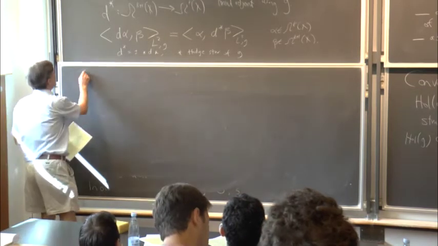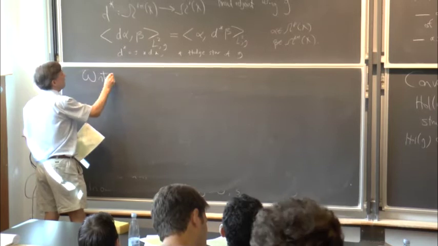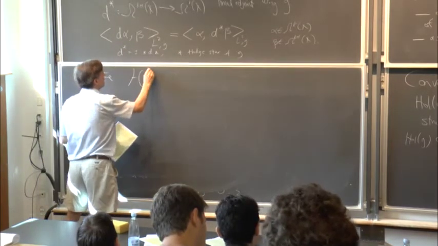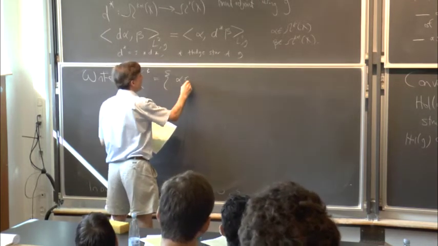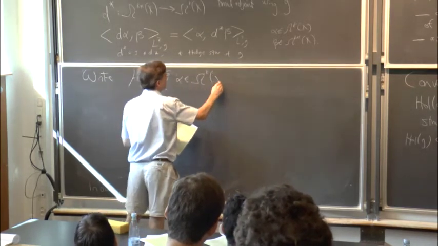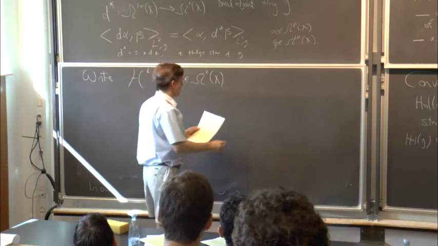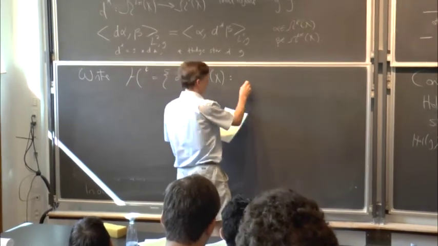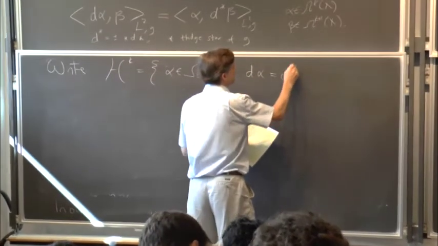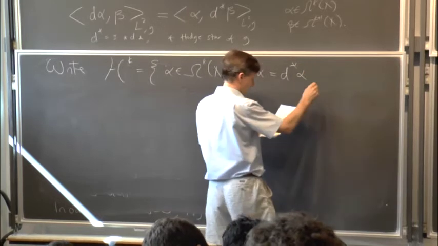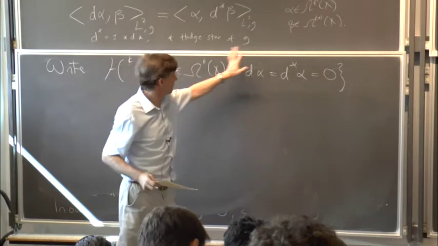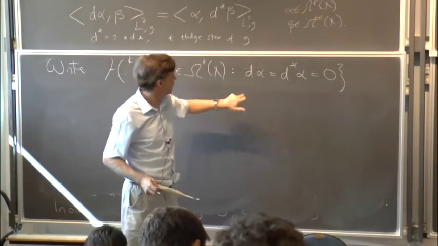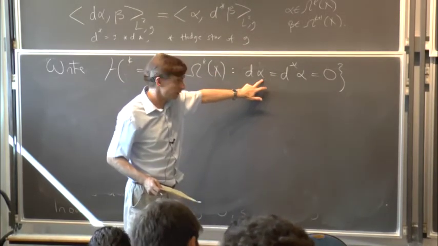So now let's write curly H^k for the set, in fact the vector space, of α in Ω^k(X) such that dα = d*α = 0. Forms α satisfying this are called harmonic.